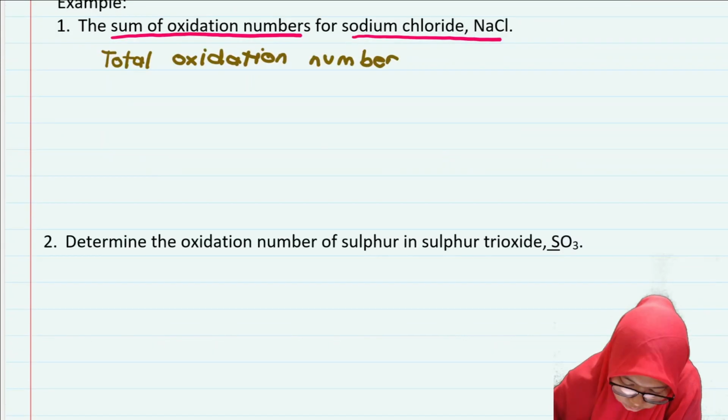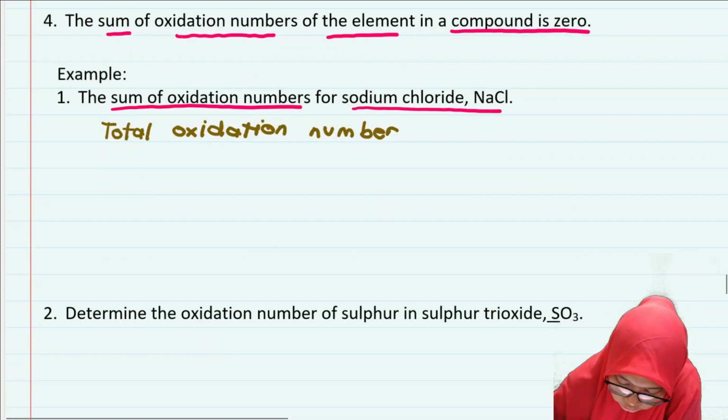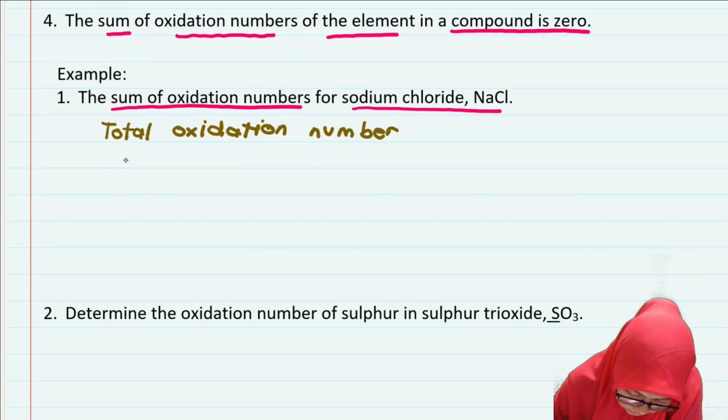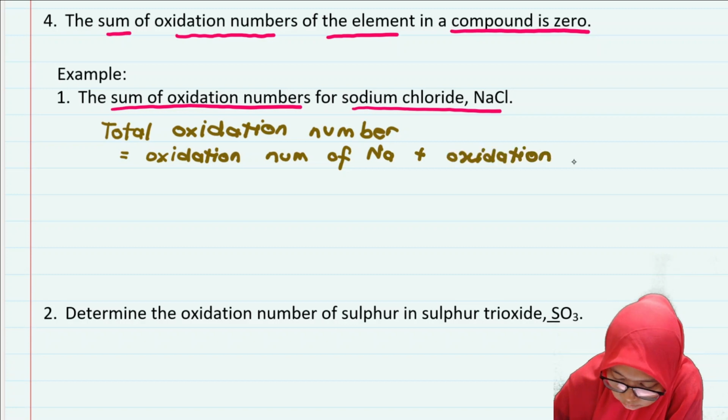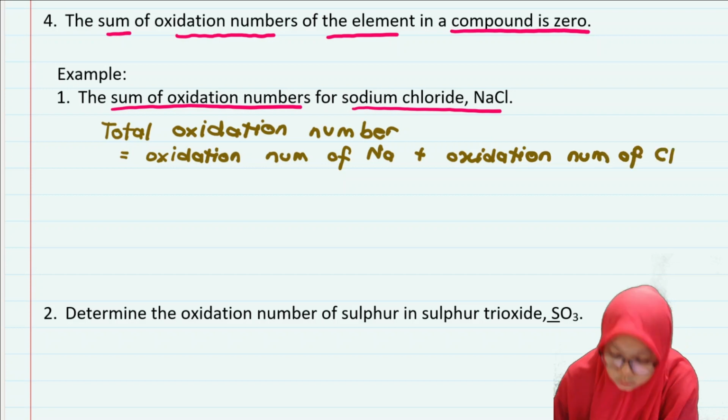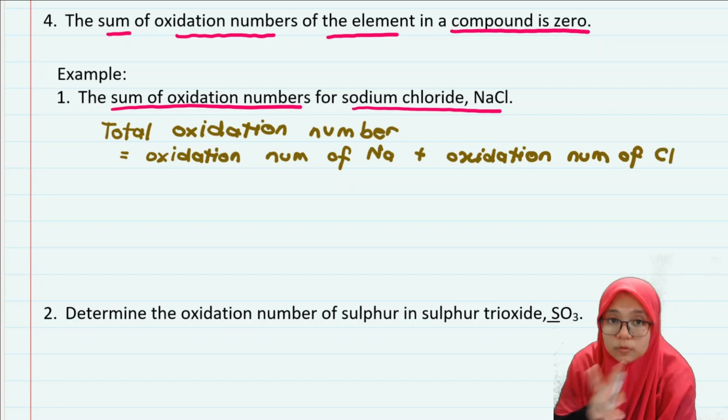The total oxidation number of sodium chloride is equal to the oxidation number of sodium and the oxidation number of chlorine. So we have to add both oxidation numbers.